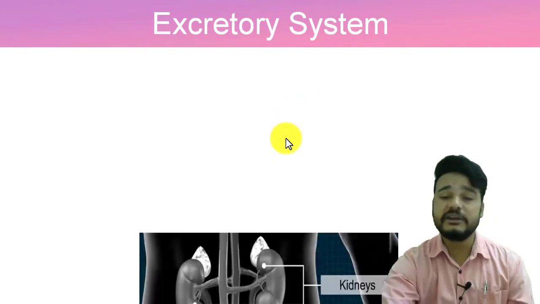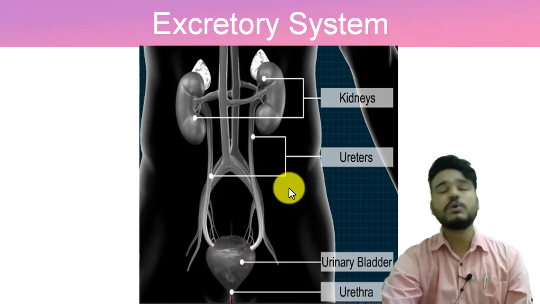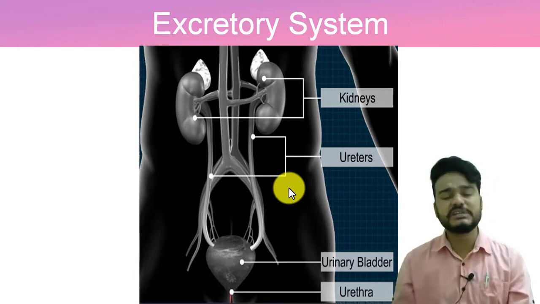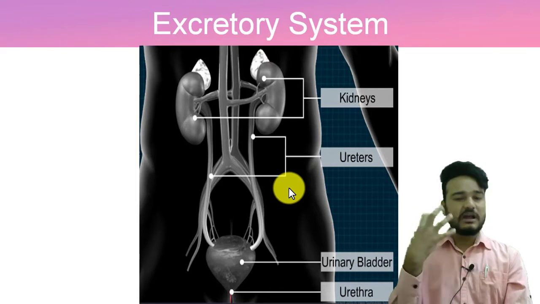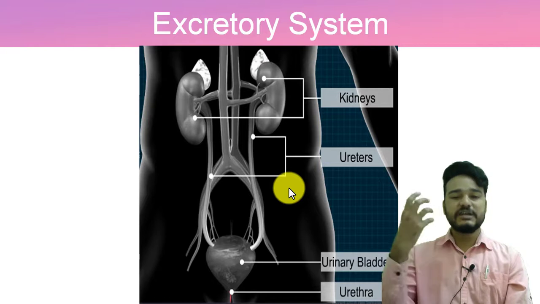Now the excretory system. These are kidneys, these are ureters, this is the urinary bladder and the urethra. Whatever extra waste material is present in our body, we have seen in the digestive system, whatever food is left over will be thrown out using the large intestine and anus.